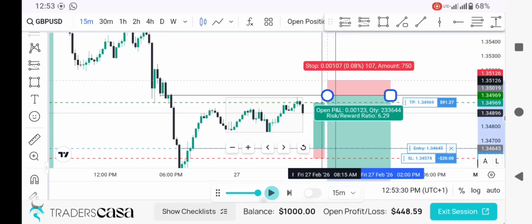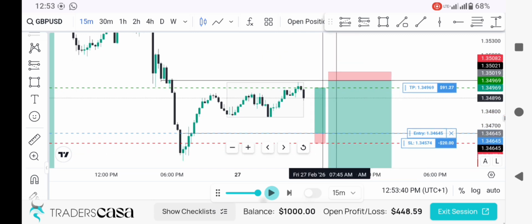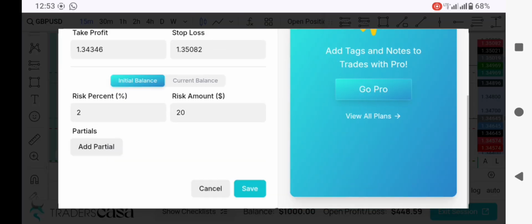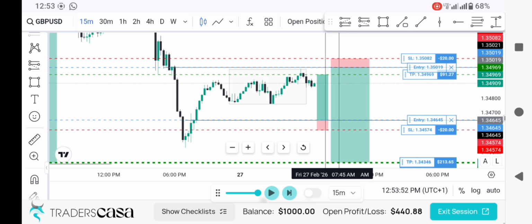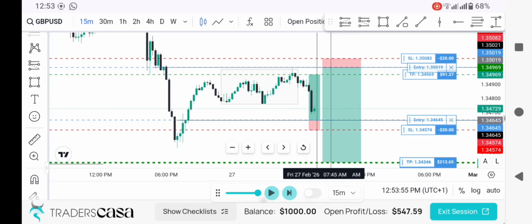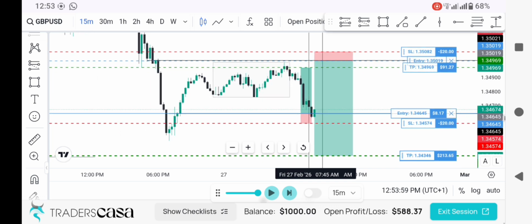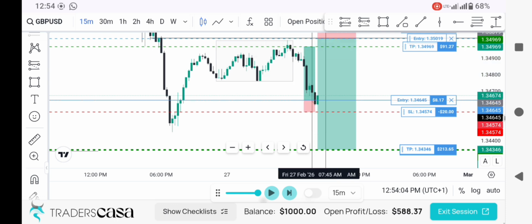This is how this market is. If we use this stop loss, it is the middle of the order block right here. 1 to 10 is okay, risking 2% on the position. Wow, guys, it tapped right here exactly.